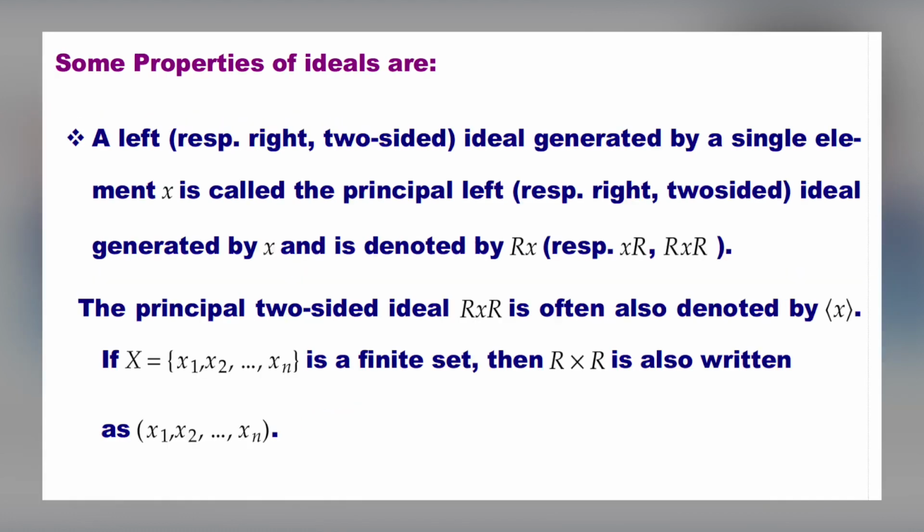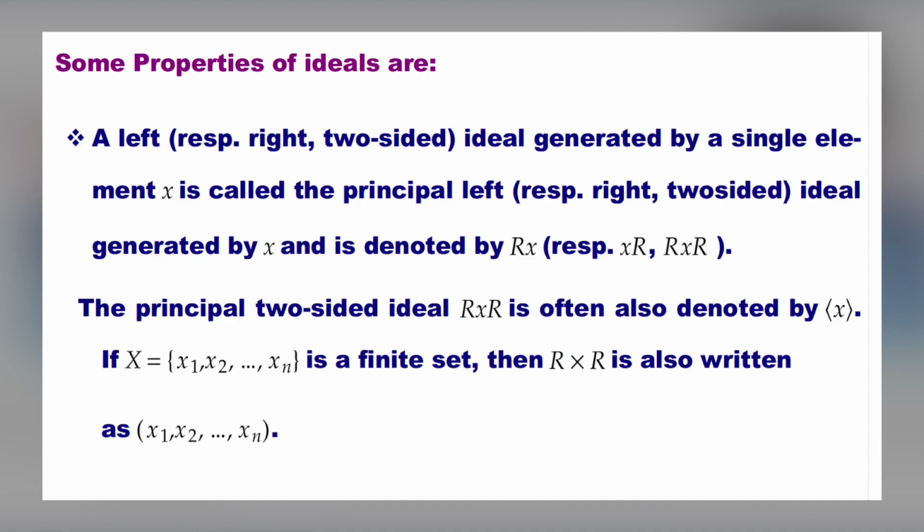A left, respectively right, two-sided ideal generated by a single element x is called a principal left, respectively right, two-sided ideal generated by x and is denoted by Rx, respectively xR, or RxR.